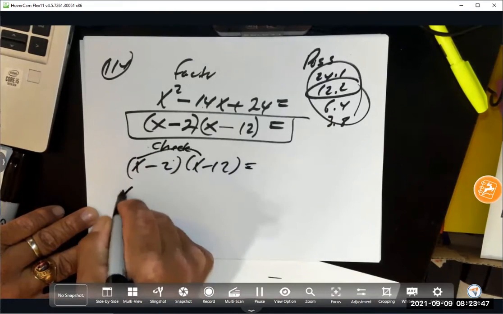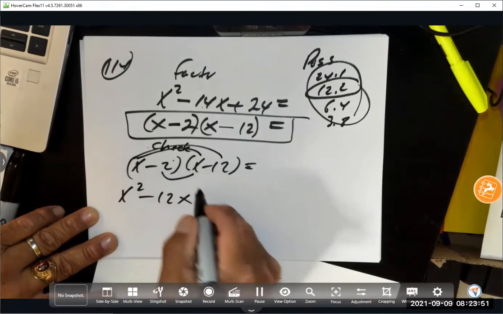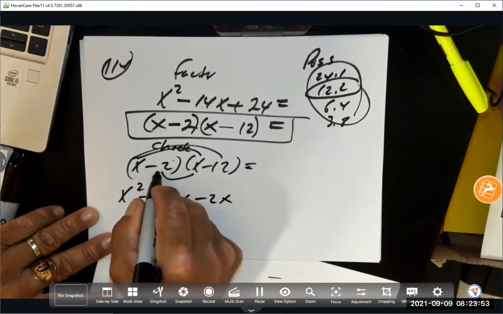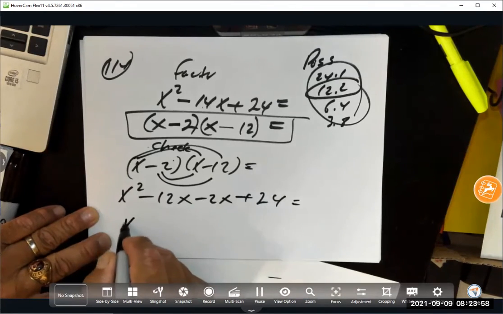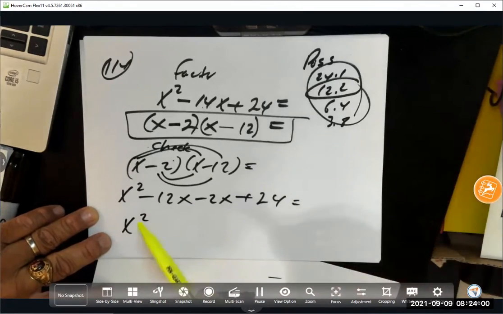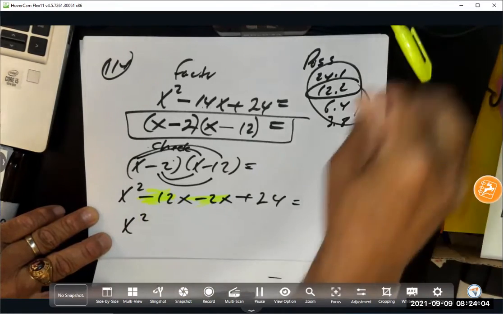X times x is x squared. X times negative 12 is negative 12x. Negative 2 times x is negative 2x. And a negative times a negative is a positive 24. So now you tell me what this middle part is going to be. That one and that one together.